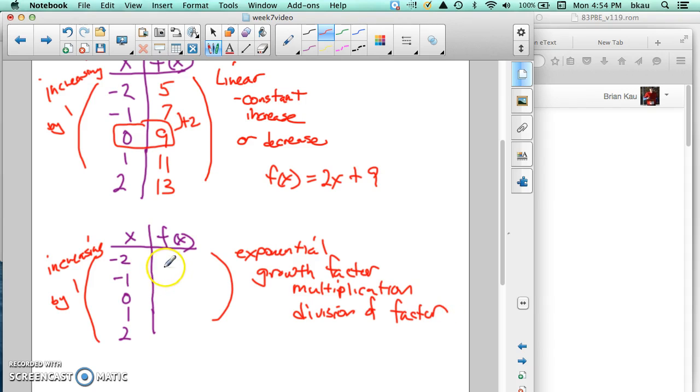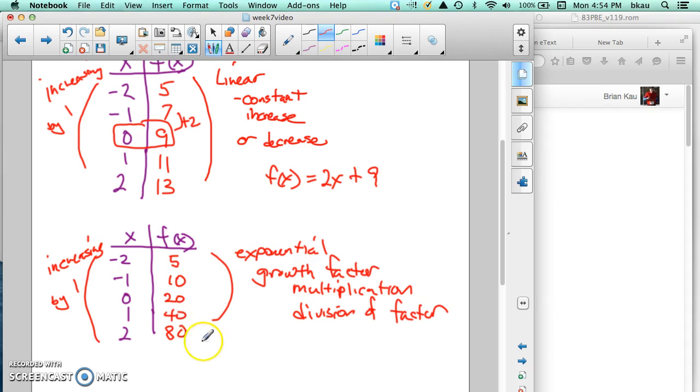Okay, so for example, if we were doing a multiplication factor here, we could start with the number 5. And if our factor was 2 to the x like it was before, we could double that and get 10. We could double that and get 20. We could double that and get 40. We could double that and get 80.